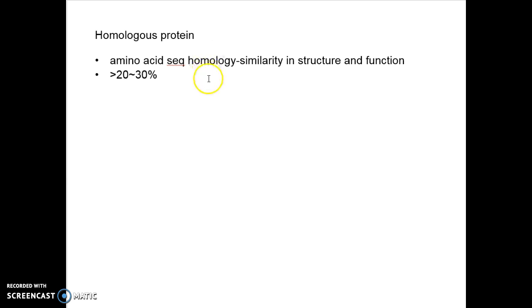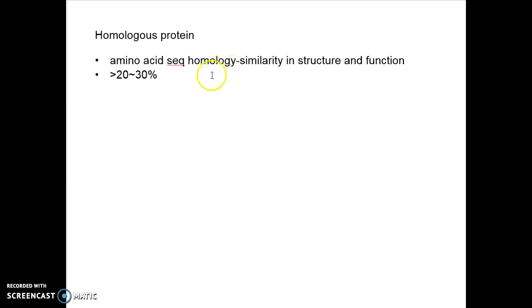Practically, homologous proteins have similar functions and structures. There are some exceptions to this rule. However, in general, this principle can be applied.